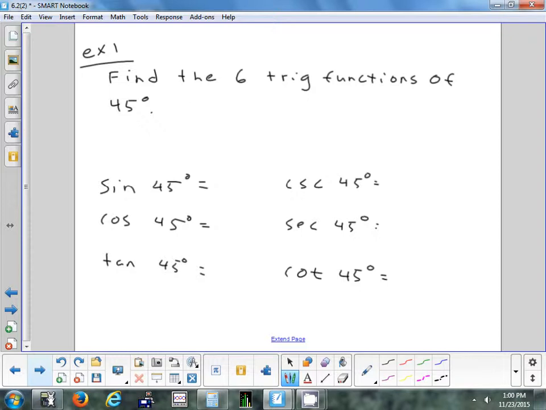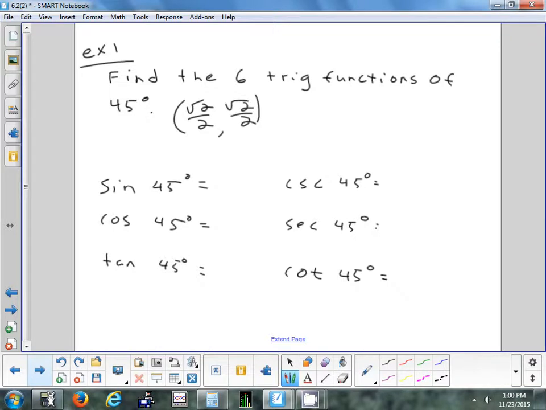I got to get the point. Okay, so if we're in quadrant 1, I would just try to memorize those. They're the easiest because they're positive, positive. Okay, what's my coordinate for 45 degrees? Square root 2 over 2, square root 2 over 2.